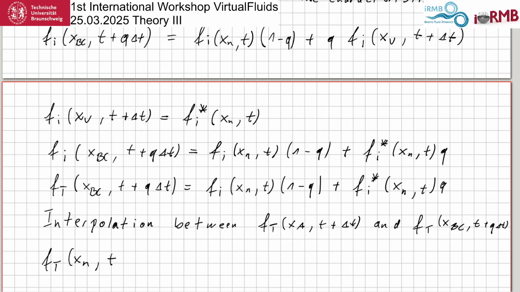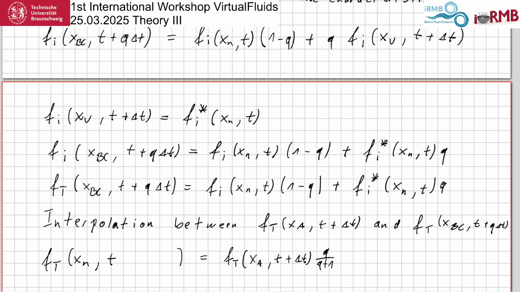Now we have to calculate what this means for the combination. Maybe I leave this open and I write the other things first. So we have Fi at the position XA, t plus delta t, so in the next time step, is q plus 1.